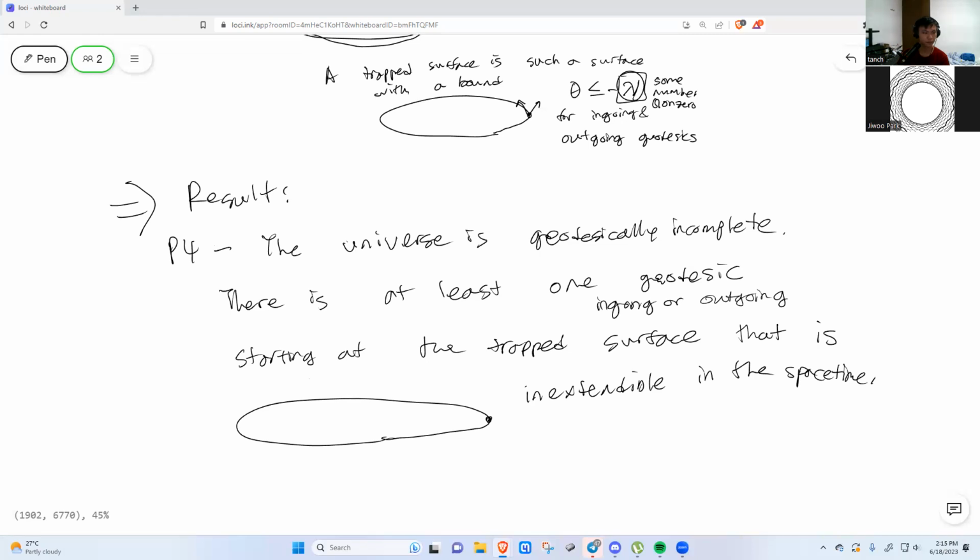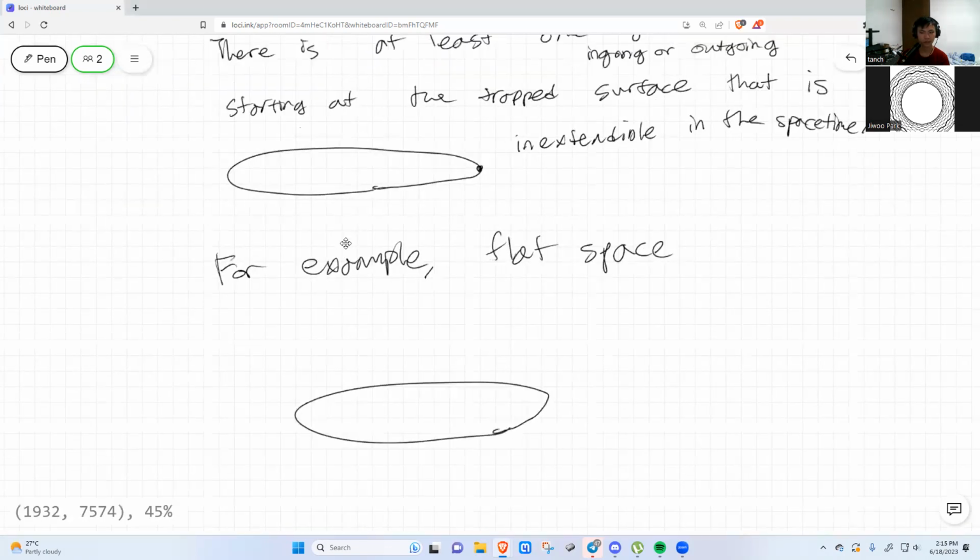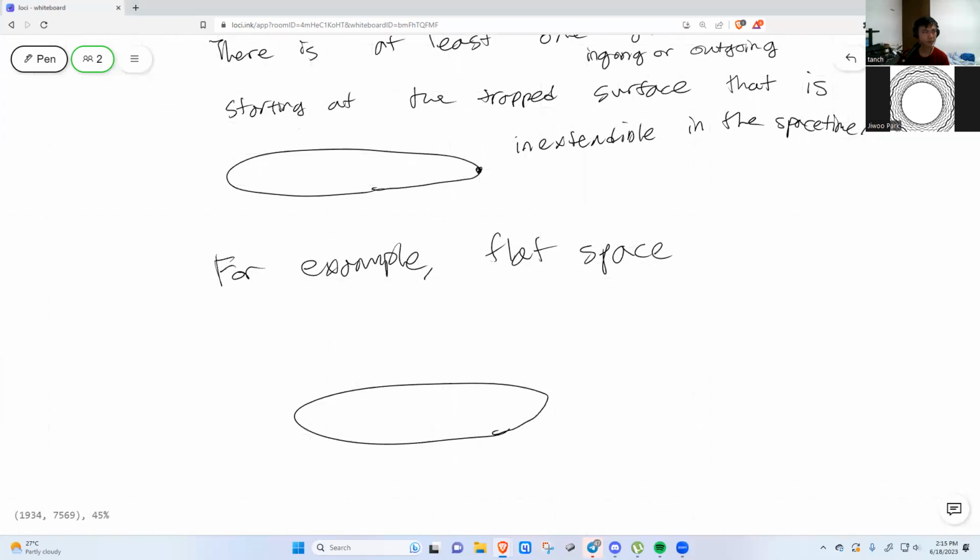So what I mean by that is, for example, if you consider flat space, in flat space you wouldn't have this situation. If you consider just some surface in flat space, it's not going to be a trap surface.